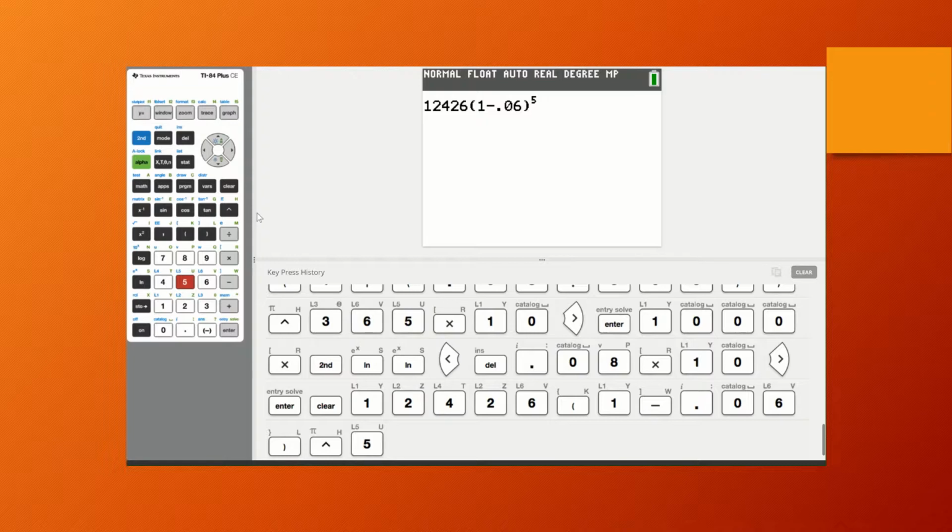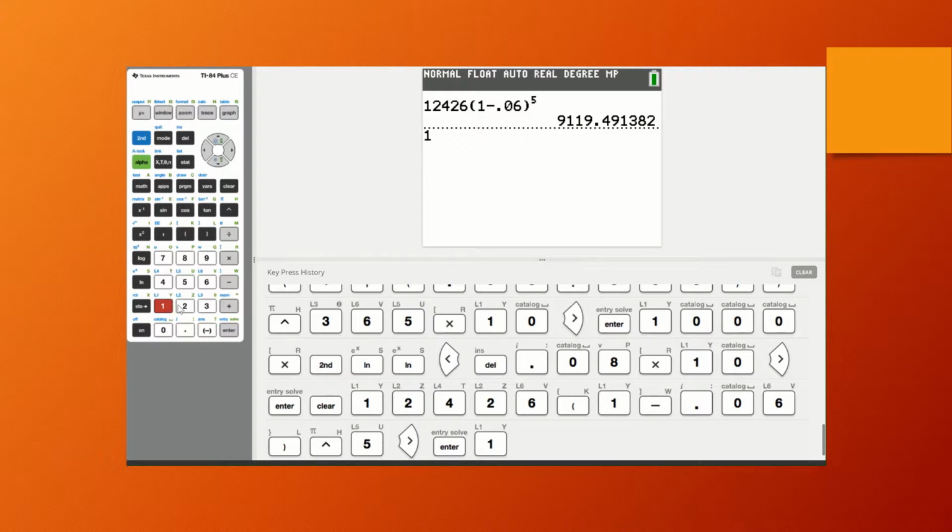What do we expect the population of this town to be in 5 years with an annual rate of decay of 6%? That would be 9,119 people.